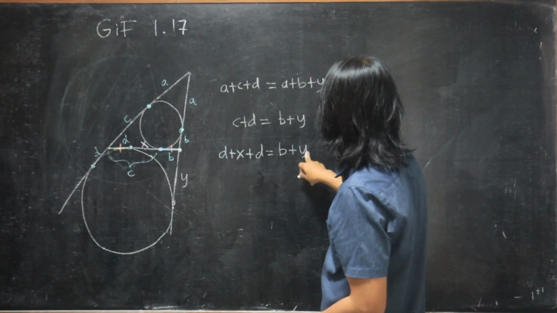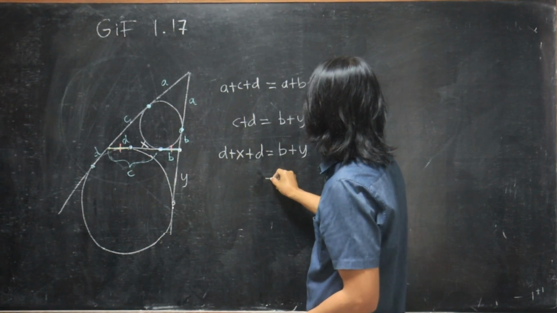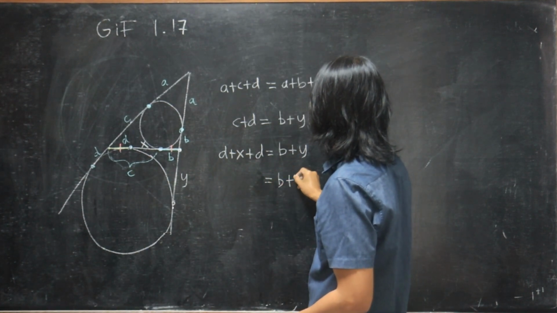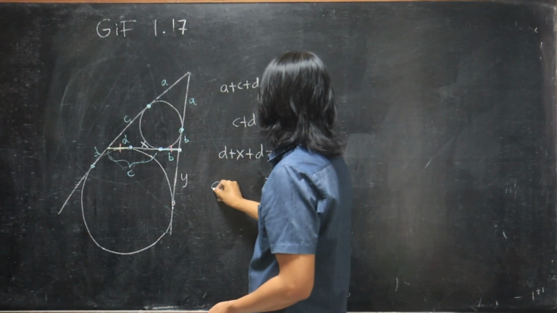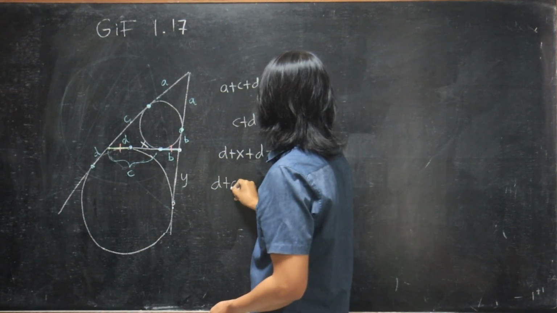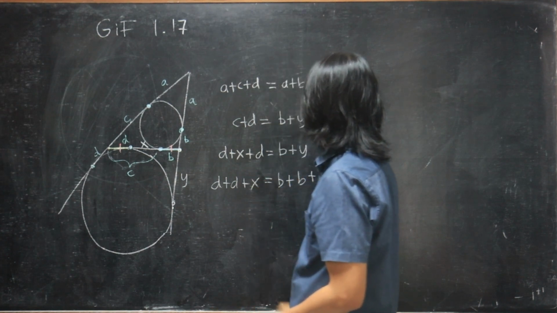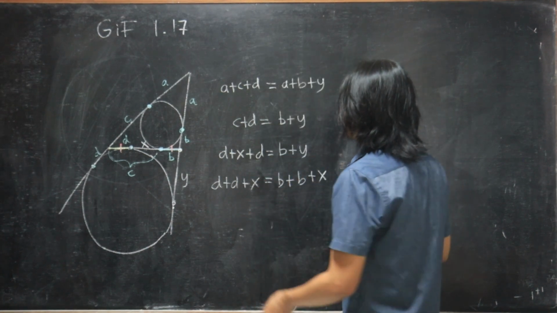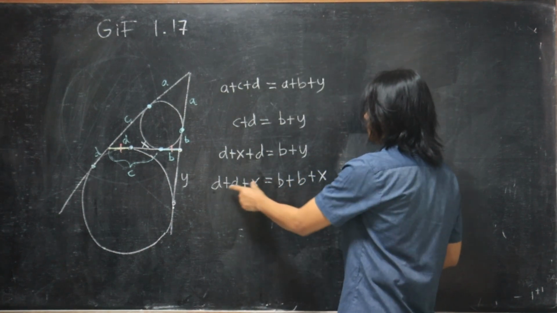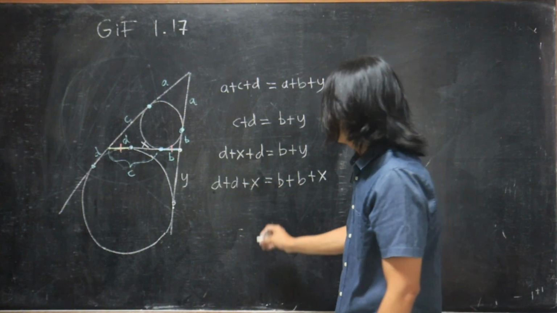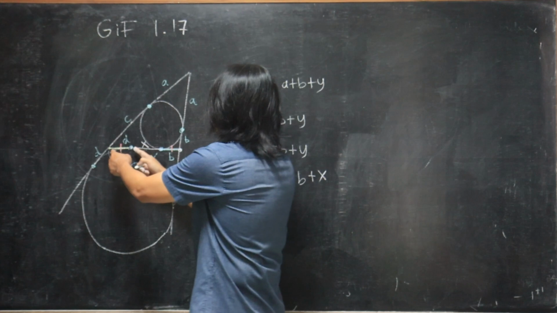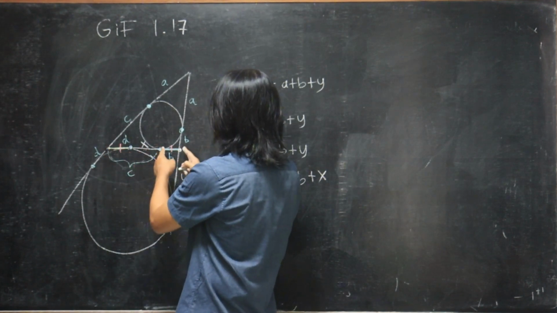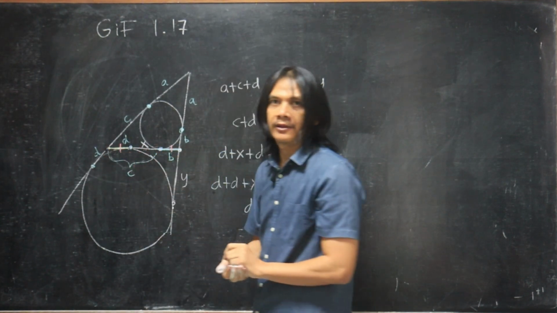So we can replace this Y by B plus X. Okay, so D plus X plus D equals B plus B plus X. We cancel the X, we have 2D is equal to 2B. Therefore, D must be equal to B, so the length of that segment is exactly the length of that segment.